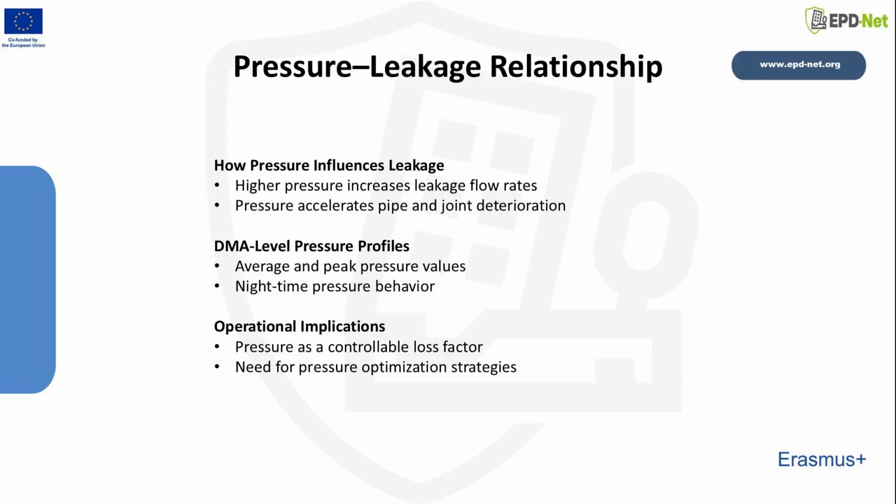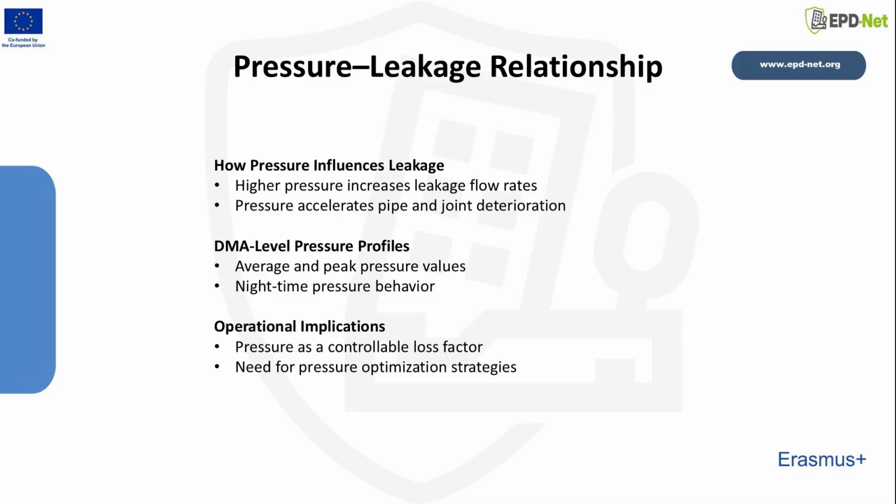Pressure is one of the most influential factors affecting physical water losses in distribution networks. As pressure increases, the rate of water escaping through existing leaks also increases. In addition, sustained high pressure accelerates the deterioration of pipes, joints, and fittings, leading to new leaks and failures over time. In the Ecological project, pressure leakage relationships are analyzed at the DMA level.